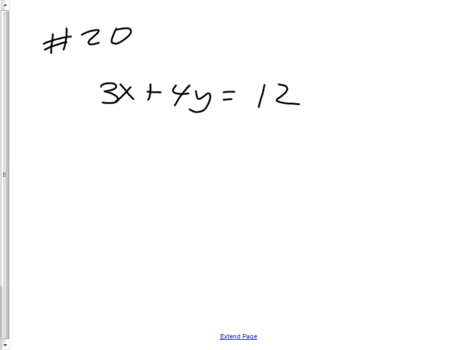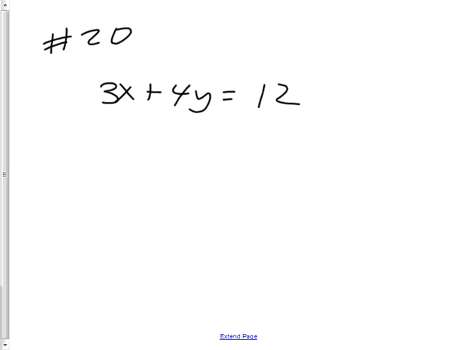Would you read it to me, please? Number what? Number 20. Go ahead. Is that it? What do they want? Oh, I like these guys. The x and y-intercept. Well, if I want the x-intercept, that's where what?